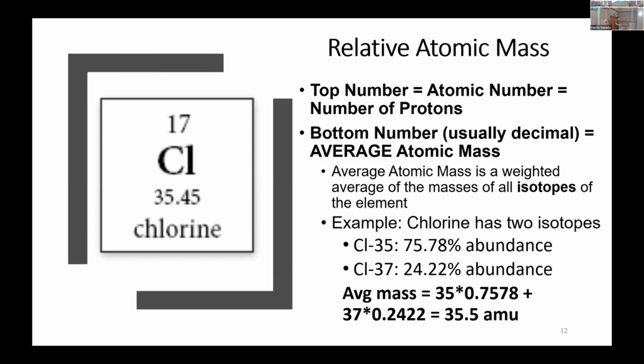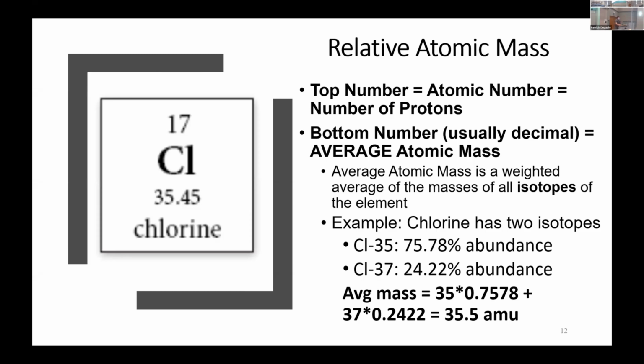What's 37 minus 17? 20, yes. So chlorine either likes to have 20 neutrons or it likes to have 18 neutrons. Why doesn't it like to have 19? I don't know. Just energetically, it works out better when it has mass 35 or 37.